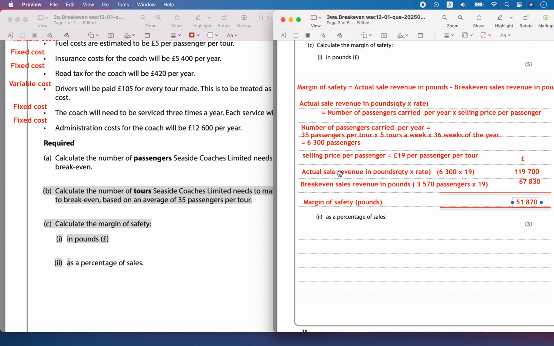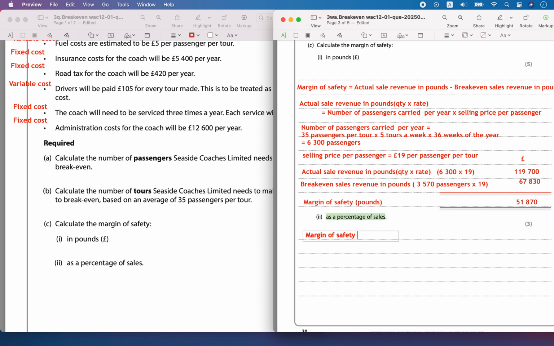Margin of safety represents how much they can fall from the actual sales until the break-even sales point. That zone is called the margin of safety. They can fall from 119,700 by 51,870 until they reach the break-even point of 67,830. If they make revenue below 67,830, then they will enter a loss.